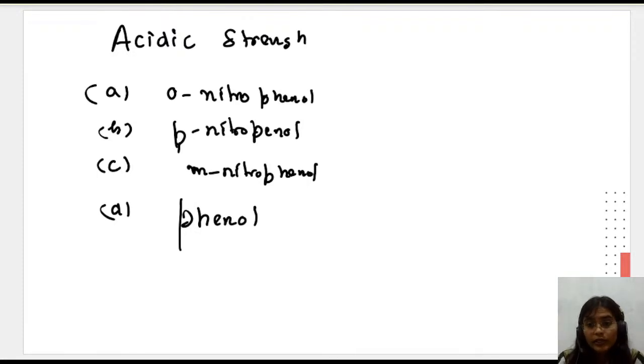Para, then ortho, then meta. Okay, you said C, B, A. You know, this is one of the famous exceptions of the acidic strength, but still you don't know the answer.